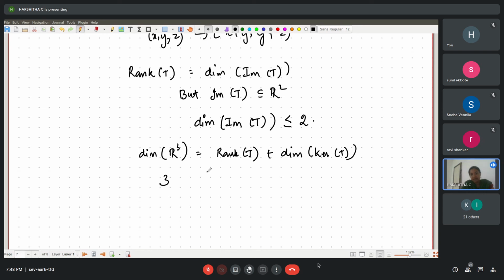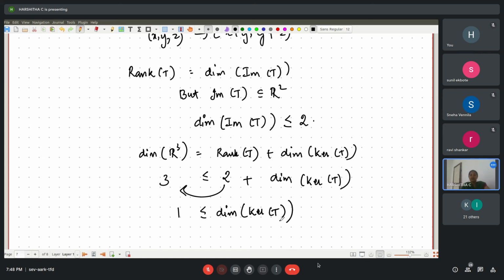Rank of T is a number less than or equal to 2, plus dimension of kernel T. Now you take this 2 this side. So what we get is dimension of kernel of T is greater than or equal to 1.